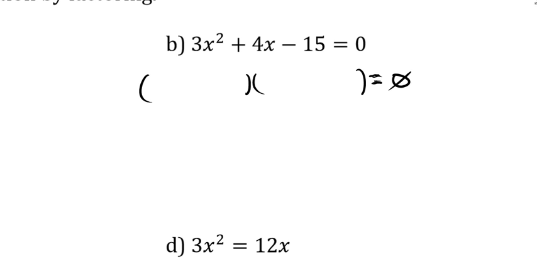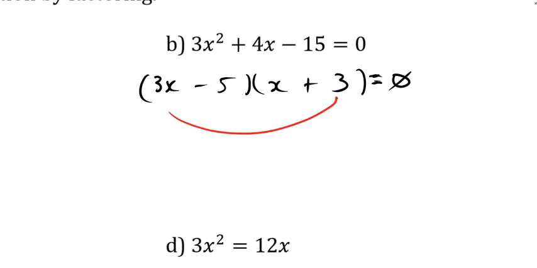Make sure you don't just leave off half the equation. So I think this works out to plus 3 and minus 5. So I've got positive 9x minus 5x, which gives me positive 4x.